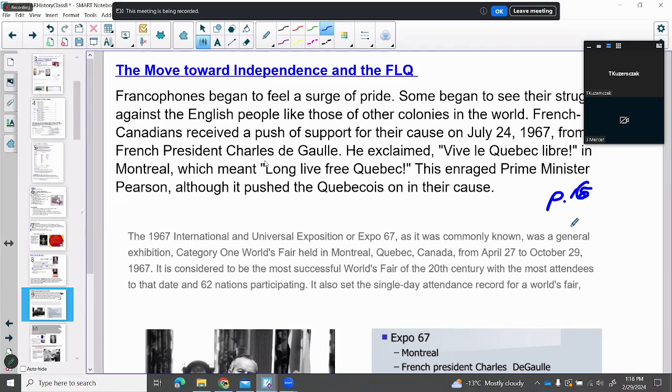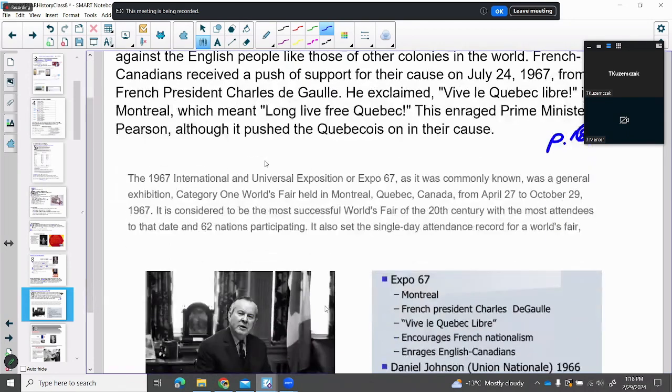So this happened in 1967 at the International Universal Exposition, what was known as Expo 67. It was the Category 1 World's Fair held in Montreal, Quebec, from April 27th to October 29th of that year.